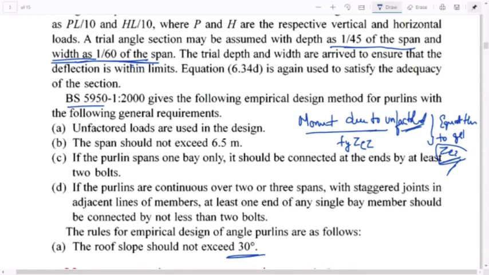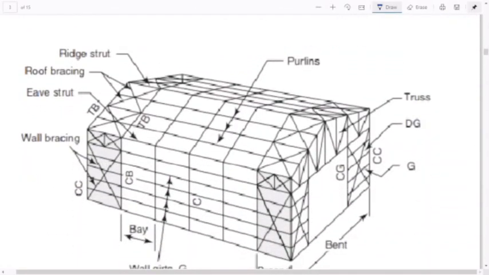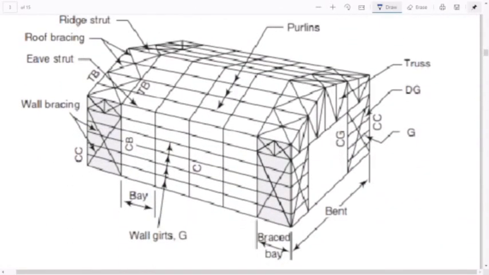Next, coming to the different members of an industrial structure. Of course, you are aware of these terms already, but let me just give you a picture of this. As I told you, this is the truss, which is made up of different members, and these horizontal members are purlins.